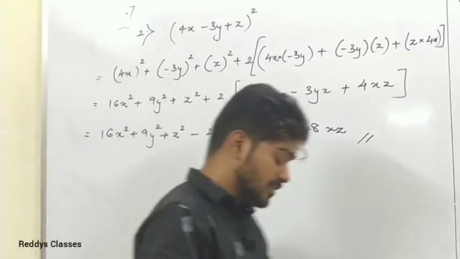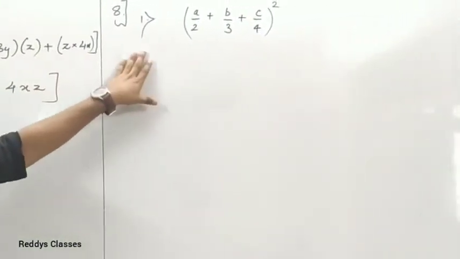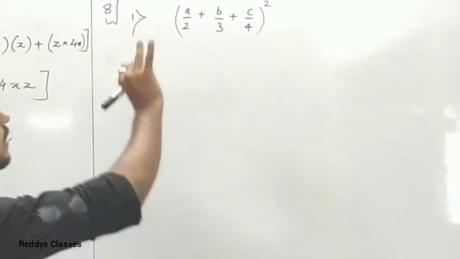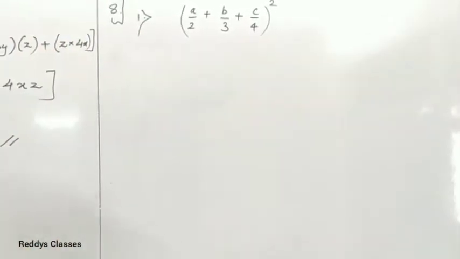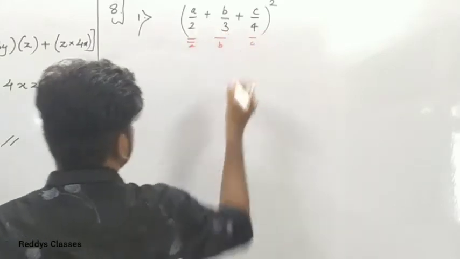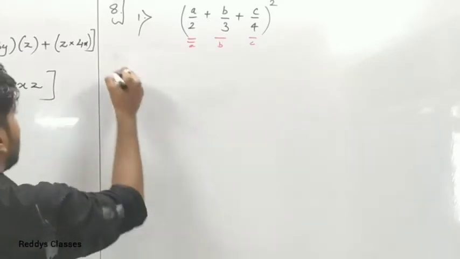So let us solve some with numerator and denominator values. There are fractional values here. So what is given? a upon 2 plus b upon 3 plus c upon 4, the whole square. Once again we are going to use the same terms here. This for a, this for b, this for c, a, b and c. Let us start the equation here. What we get?